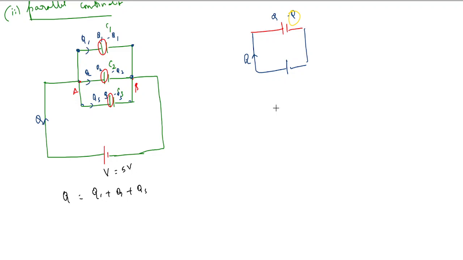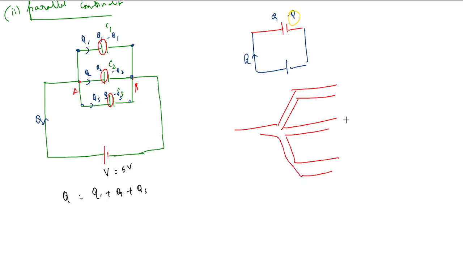To understand this, you can think of 3 pipes connected like this. We'll call them pipe 1, pipe 2 and pipe 3. Suppose water enters into this pipe. Water finds 3 paths.